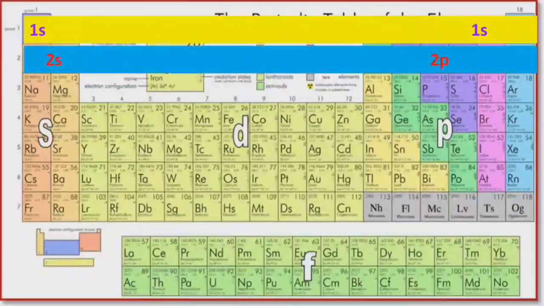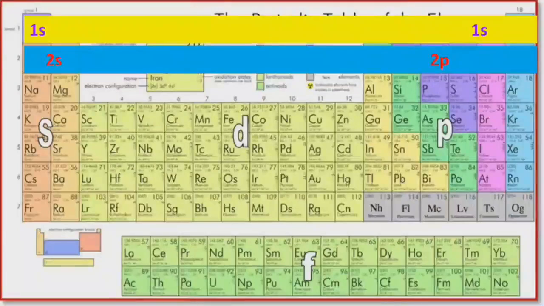If you go to the second period, the 2s orbital and 2p orbital are filled: 2s1, 2s2, 2p1, 2p2, 2p3, 2p4, 2p5, 2p6. Total 8 elements are there in the second period.